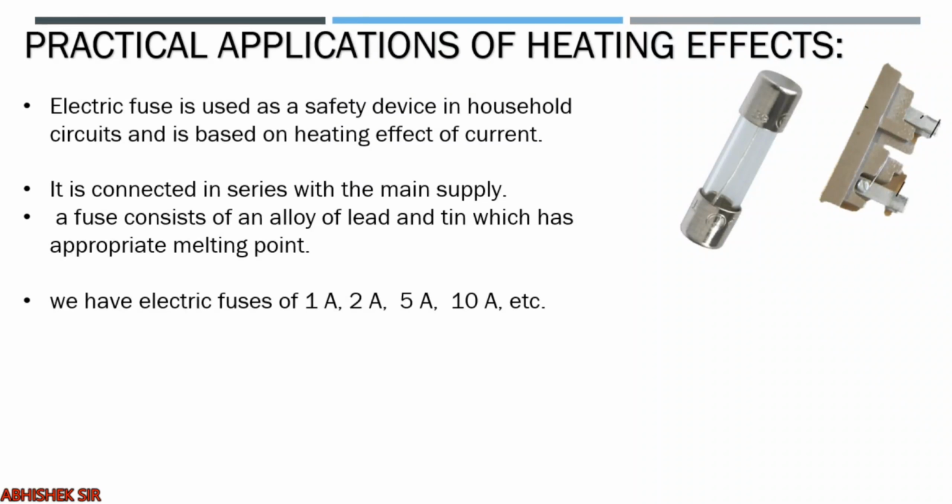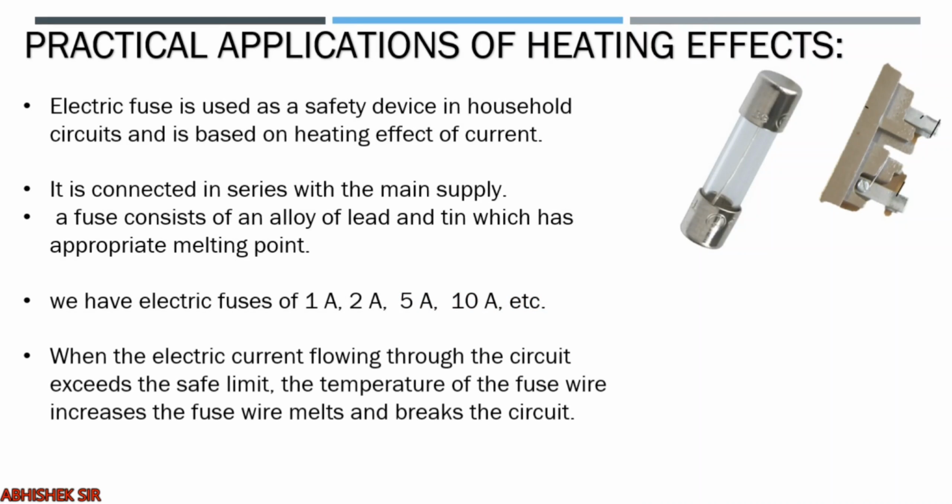Now we have electric fuses of different ranges and ratings. For small appliances we have ratings for less current, like 1 ampere, 2 ampere for light appliances, and for heavy appliances we have different ratings like 5 ampere, 10 ampere fuse, right? So different ratings of fuse are available.